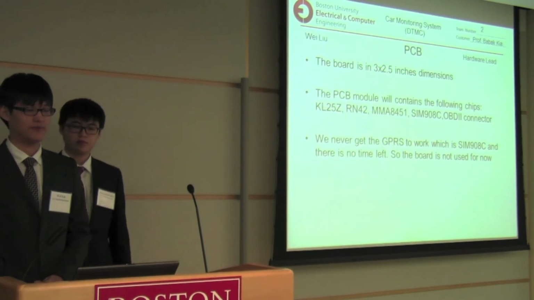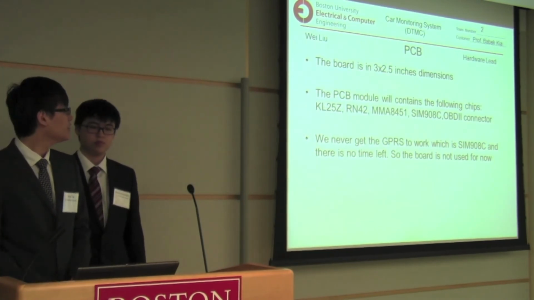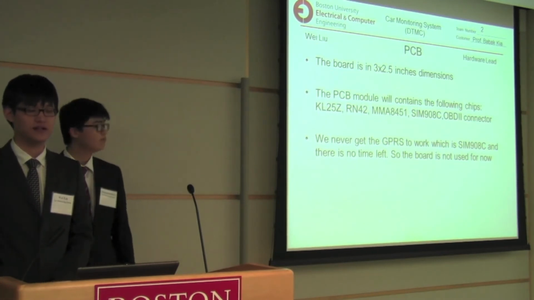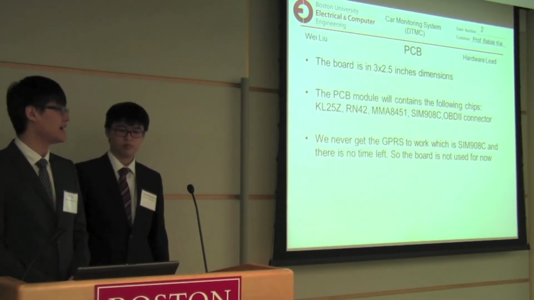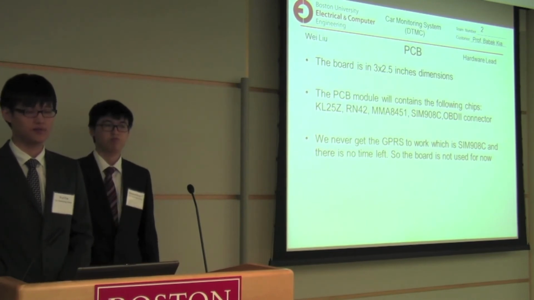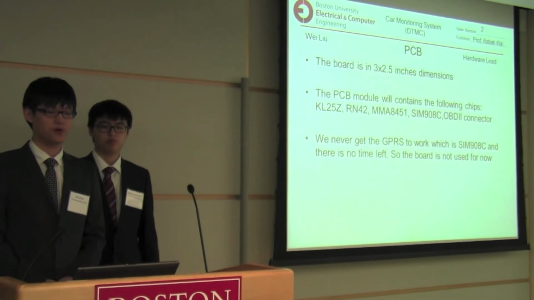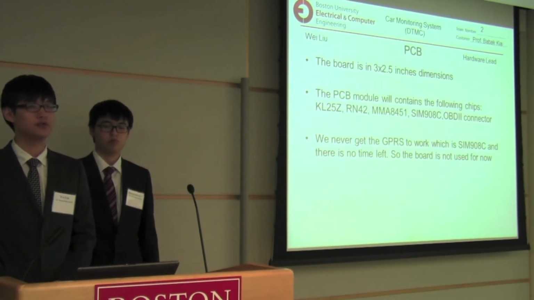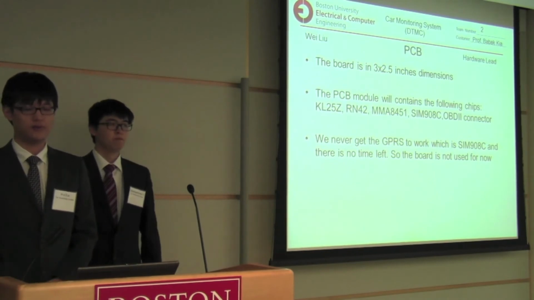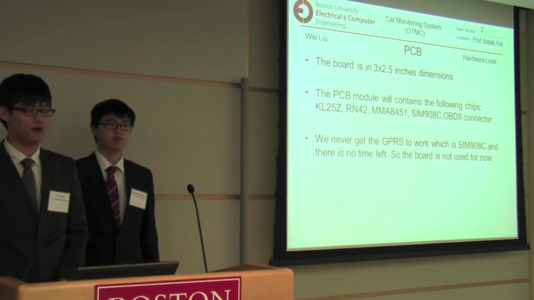We have an MMA8451 accelerometer to detect events, and the SIM908C GPRS module to do the external communication. The board is also powered through an OBD2 connector, which can be connected to the car to get power.